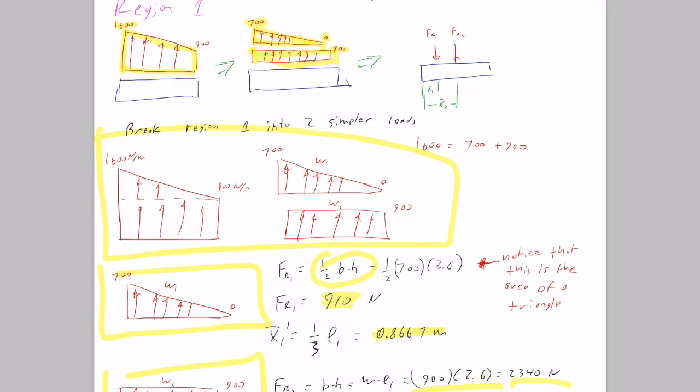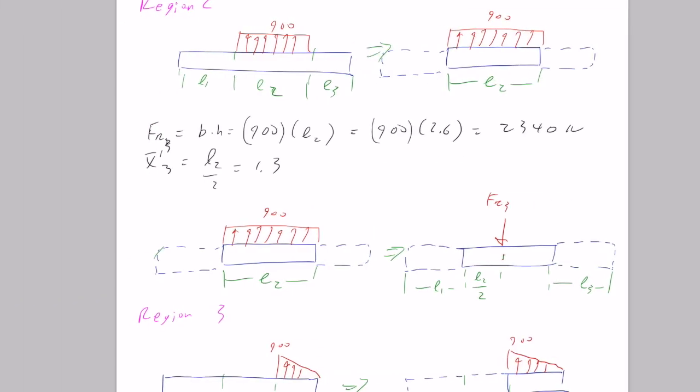So for a uniform distributed load, the equivalent position is just in the middle of it. And then for this one, why don't I draw it to make it clear? So this right here ends up being our FR1 and X bar 1, right? X bar 1 is always towards the high end of the triangle.